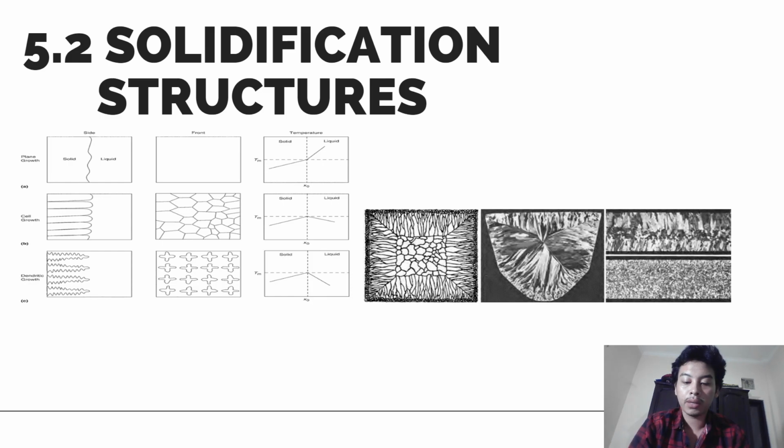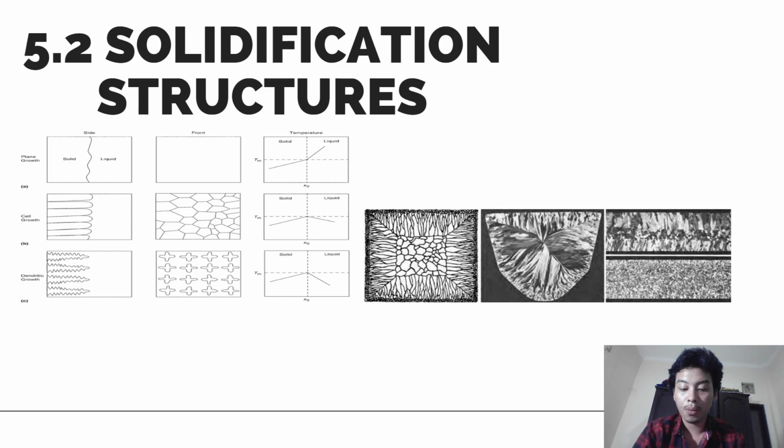When the liquid ahead of the solid-liquid interface has a positive temperature gradient, heat is removed from the liquid by conduction through the growing solid. Because the temperature gradient is linear and uniformly perpendicular to the interface, a smooth interface is maintained and the growth is planar into the liquid.